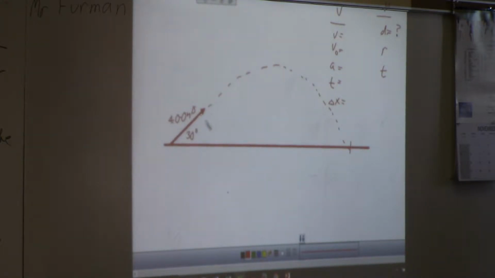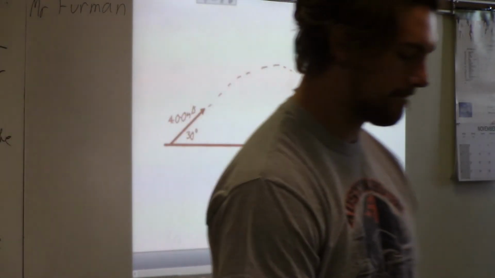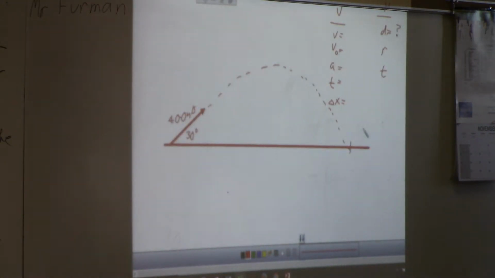You've got a muzzle velocity and an angle, and I'm looking for the horizontal range. It's going to be about 13,856. I haven't worked this out. I was just going to show you a common technique for this.